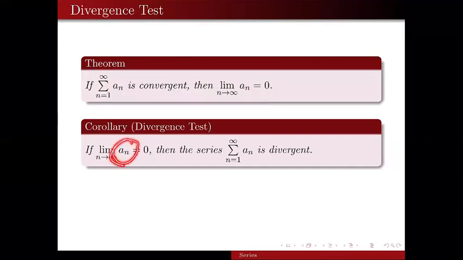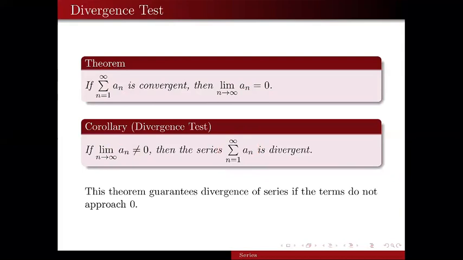If the limit of your terms is not equal to 0, then your series is divergent. Okay? So if the limit of your terms is not going to 0, the series is divergent. So this theorem guarantees the divergence of the series if the terms do not go to 0.